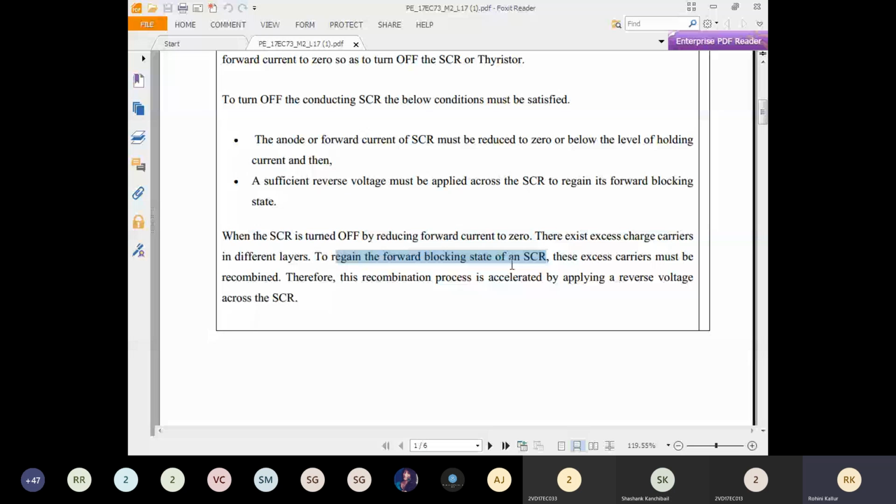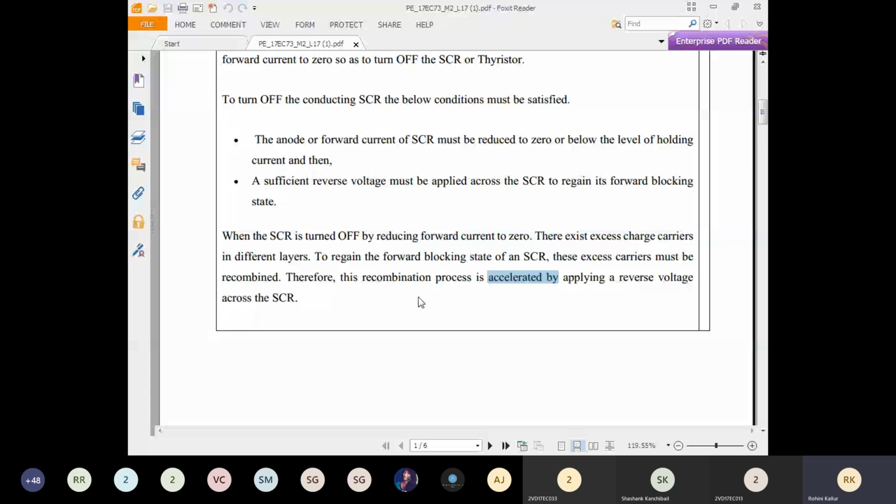These excess carriers are going to be recombined. During this recombination process, you apply your reverse voltage across the SCR. By applying a reverse voltage across the SCR, you accelerate, or speed up, the process of recombination. By this, the SCR gets its forward blocking state sooner.